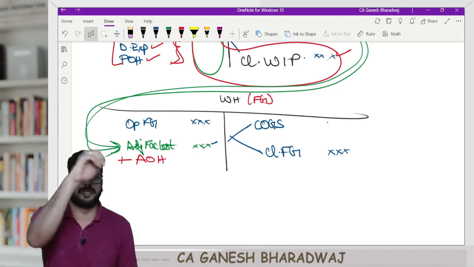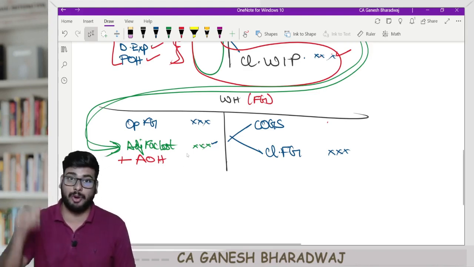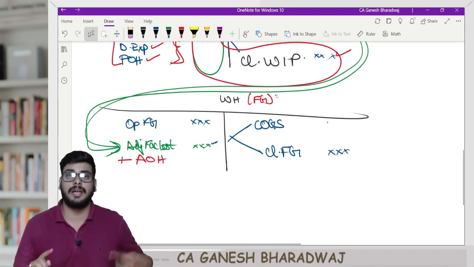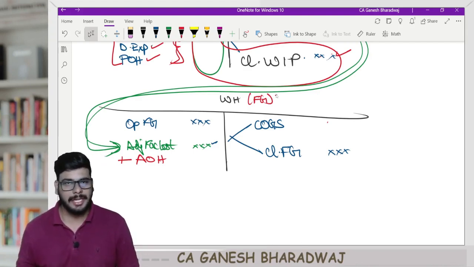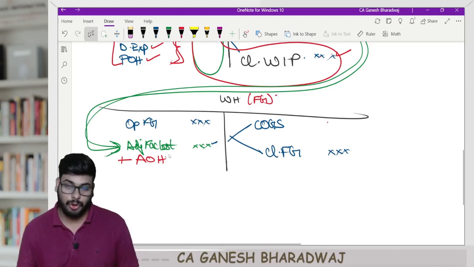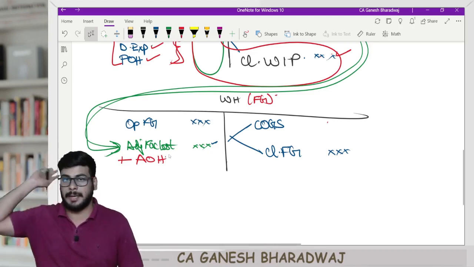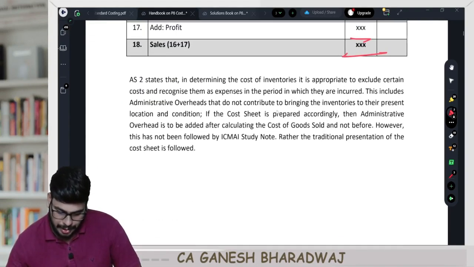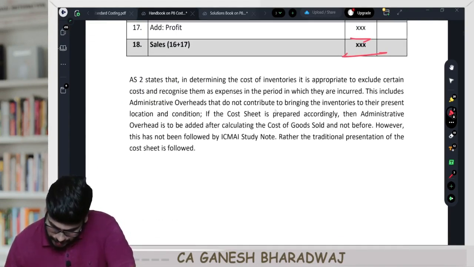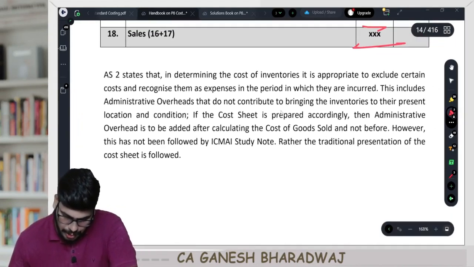This is the approach. Adding AOH here at the warehouse area is the methodology that the CMA Institute is following, right? But the CA Institute says no, you should not add it here. You add it separately. Clear with this, guys? So this is the clarification given here. Look at this. One second. Look at this.